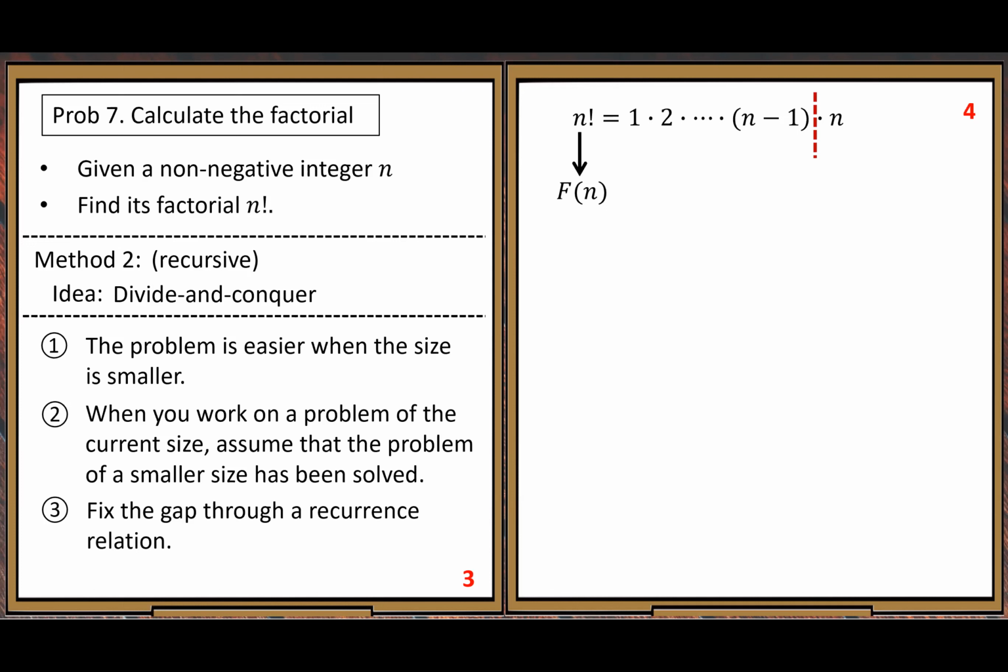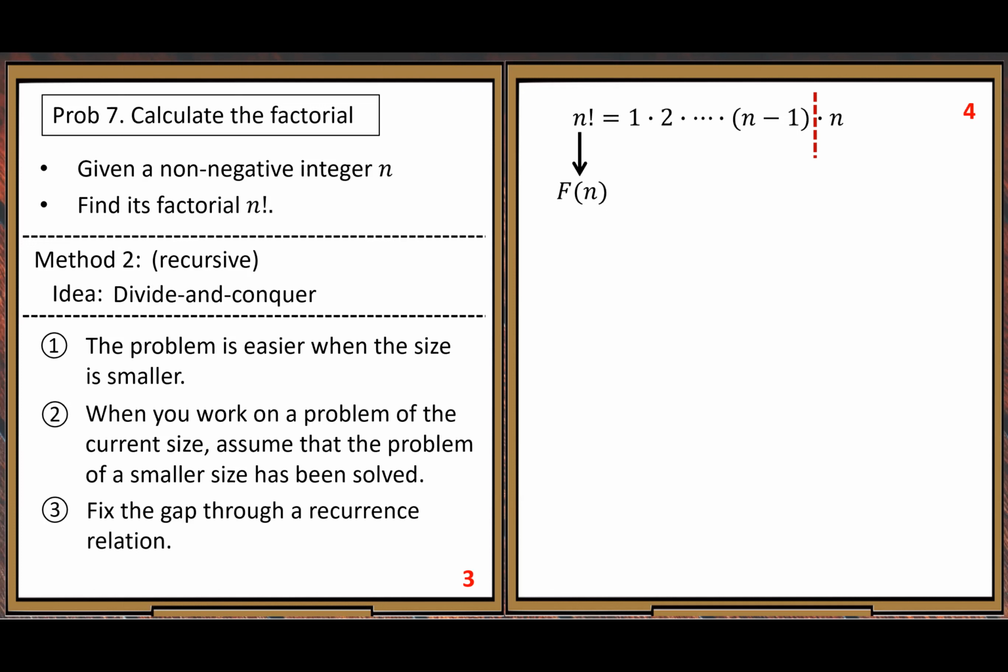The first critical step: what's the meaning of this line? Cut off one element. Why cut off one? Simple, to reduce the problem size. Cut off the last n, which means we just calculate the factorial of n minus 1.